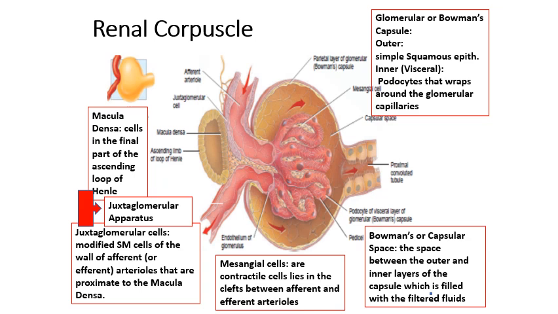Now let's look at the structure of the renal corpuscle. As you can see here, the Bowman's capsule here, and here is the afferent arteriole, efferent arteriole, and in between the afferent and efferent arterioles are the glomerulus or the glomerular capillaries.